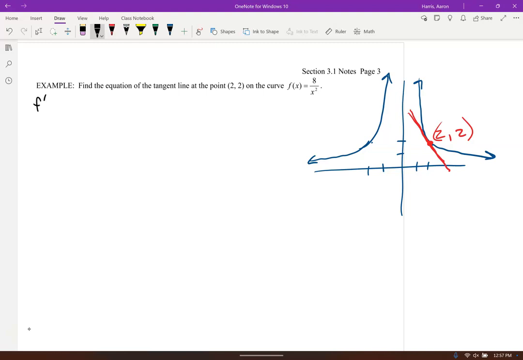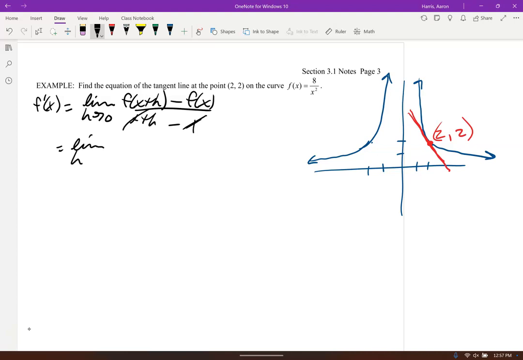So let's go ahead and start with our f prime of x, which is the slope of the tangent. Limit as h goes to 0 of f of x plus h minus f of x, all over x plus h minus x. Again, the x's are gone. So we've got limit as h goes to 0, f of x plus h, so we've got 8 over x plus h squared, minus the original function, which is 8 over x squared. This is all over h. Now, before I expand that x plus h squared, let's go ahead and get a common denominator here. So I've got to give this an x plus h squared.